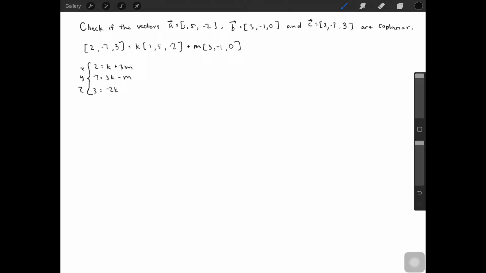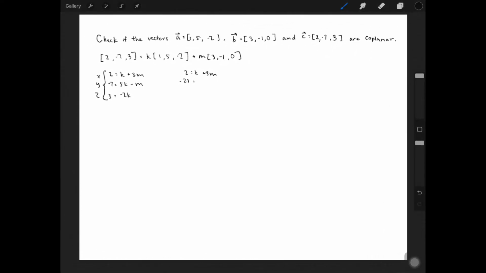Okay, so let's try this again. This time, let's do the same thing again. So we will eliminate M. So 2 equals K plus 3M, and then we'll multiply Y by 3 again. So -7 multiplied by 3 is -21, and 5 multiplied by 3, then -3M.